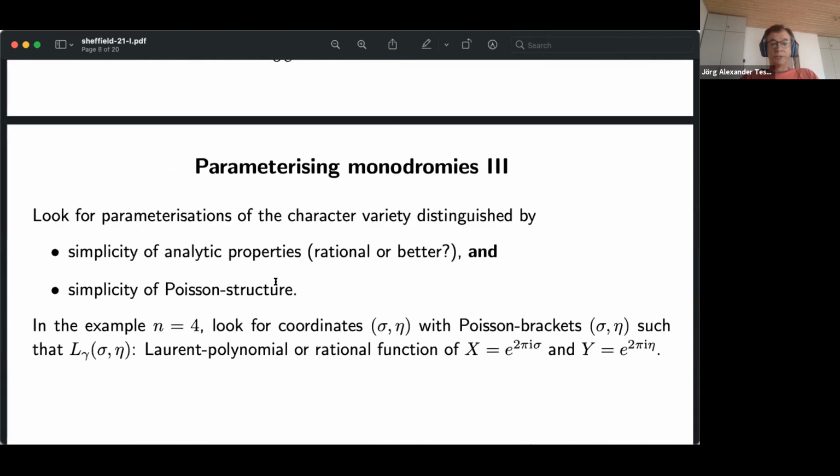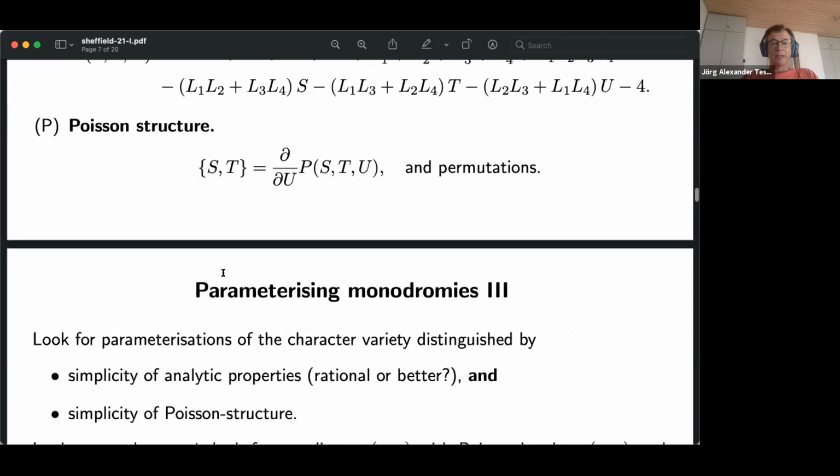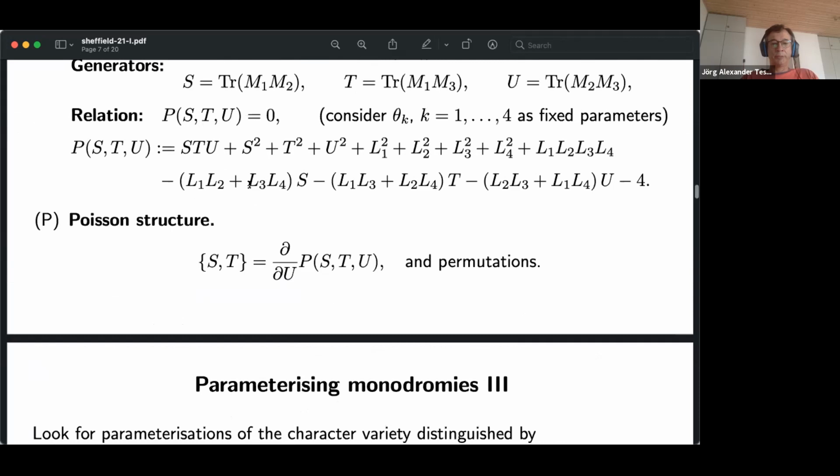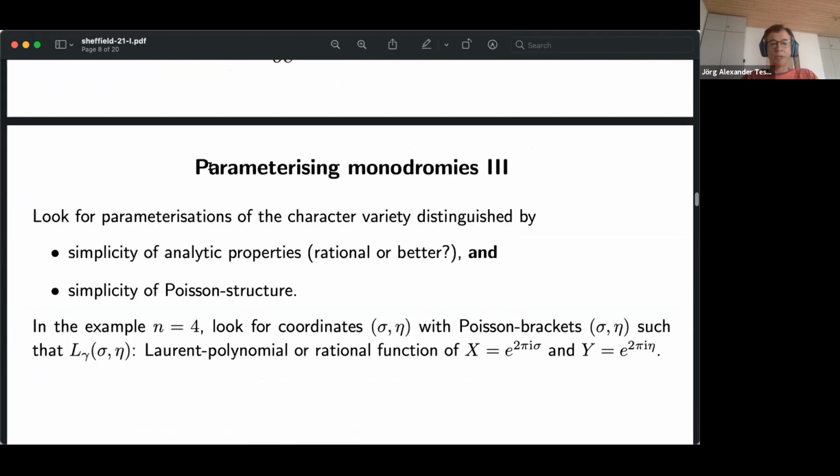Okay, and then the whole story opens up of how to parameterize in a more convenient way. Here it's described as the solution to some nonlinear equation, the points on the character variety, so the idea is to introduce coordinates, which may be even simpler in some respects.